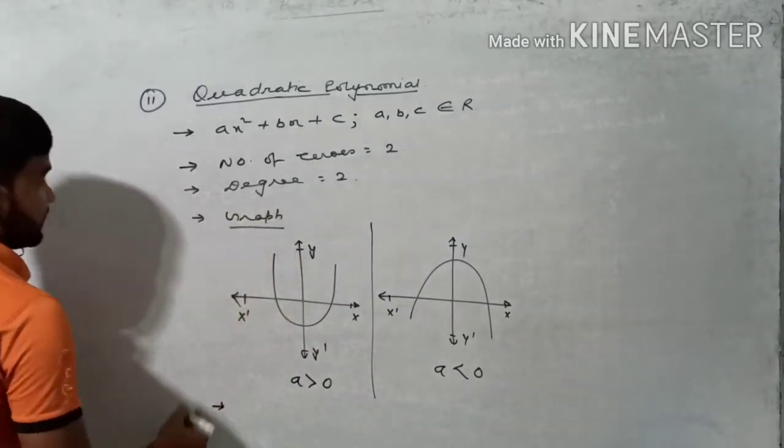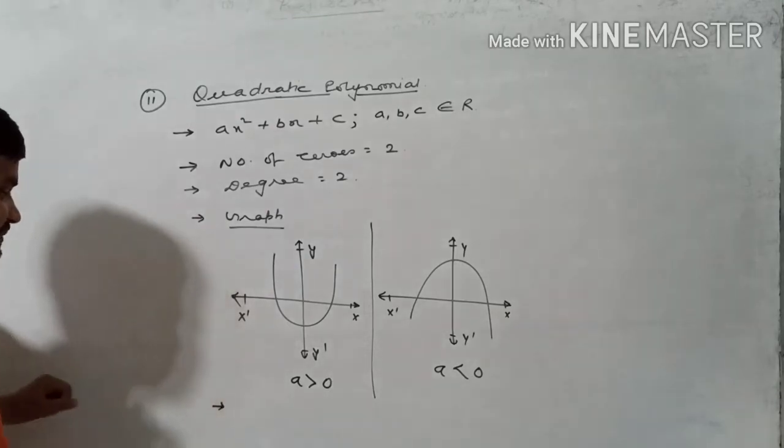After that, the zeros of the polynomial.